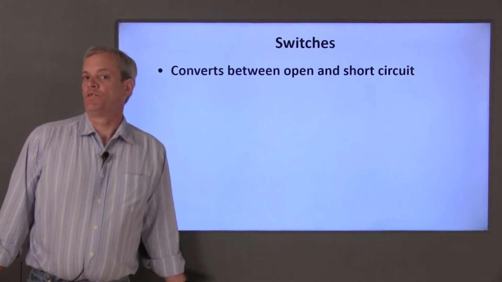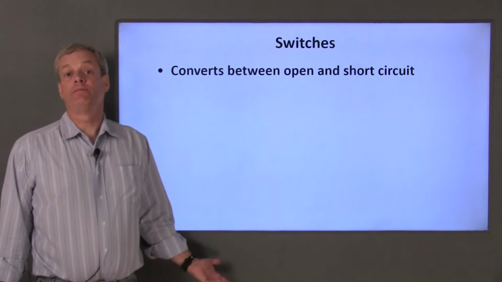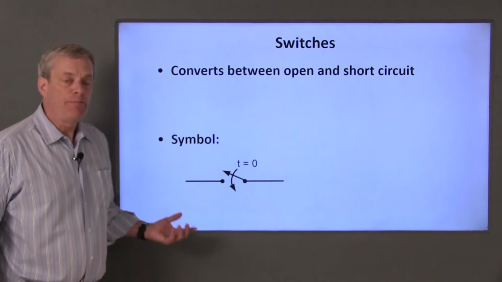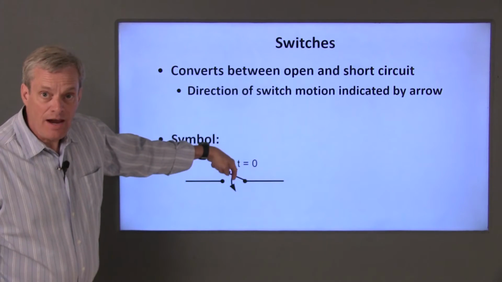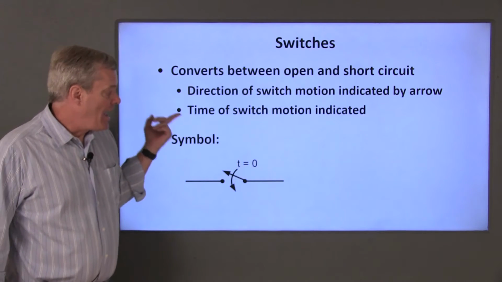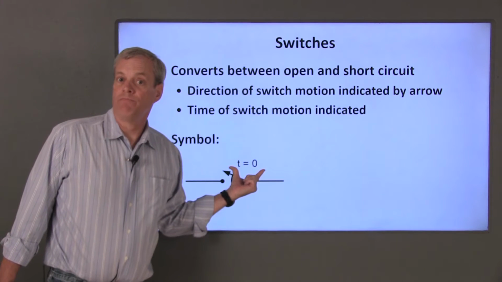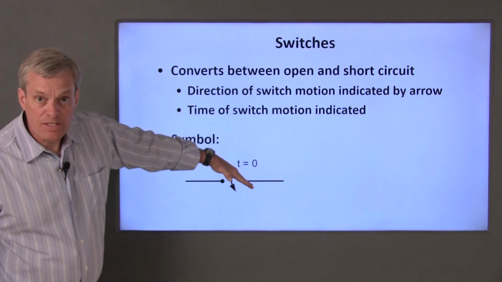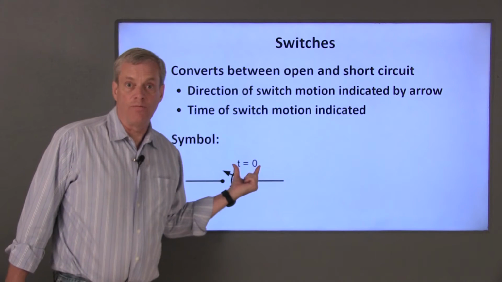Finally, I'll talk about switches, which can act as both a short circuit and an open circuit depending on the position of the switch. A typical symbol for a switch looks like this. This arrow indicates the direction of the switch motion. The time at which the switch moves is indicated on the diagram next to the switch. This switch is moving from this position in this direction at time t equal to 0.